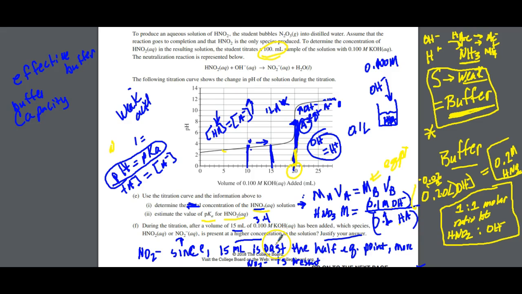I'm not sure if we should say past or beyond. I don't guess it matters. You could say 15 milliliters is more OH minus than is required, more than the amount required to reach the half equivalence point. Therefore, more NO2 minus is present. Okay.